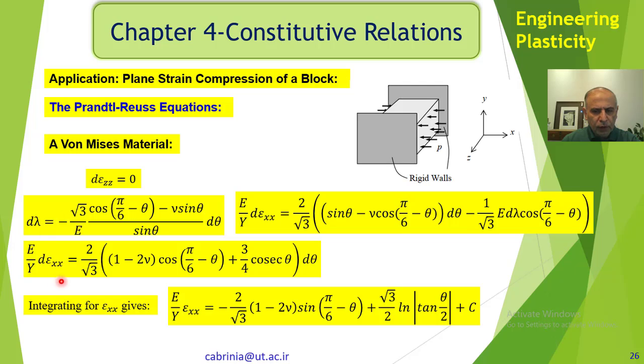If I integrate this, as you can see, some parts are constants. That's because we have d theta here, so we have to integrate with respect to theta, and that's what we get here, and we get a constant c. So we have to determine the constant in here as well.